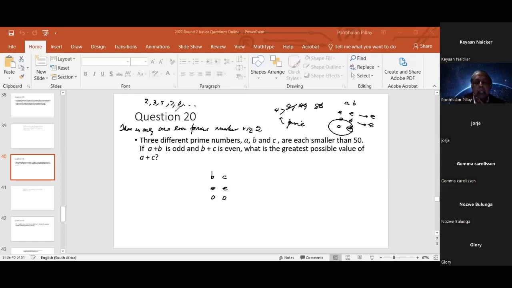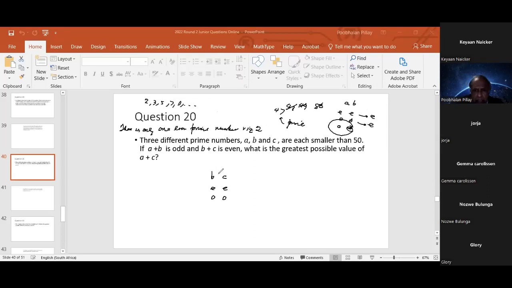Right. Any other even number can't be prime because you'll have like 14 is 2 times 7, 28 is 2 times 14. So if you can take 2 out as a factor, it can't very well be a prime number. But with 2, it is a prime number. 4 is not. So there's only one even prime number.